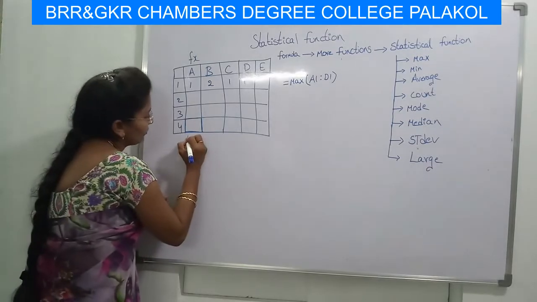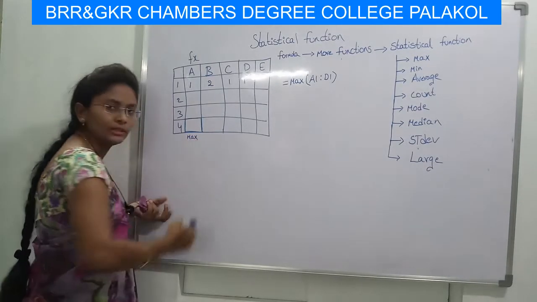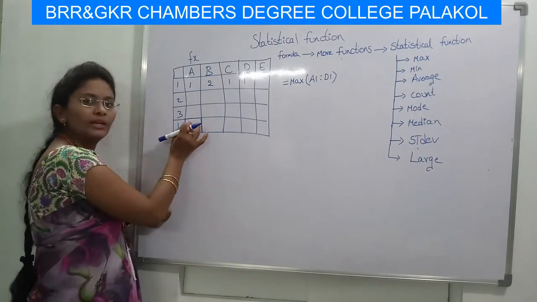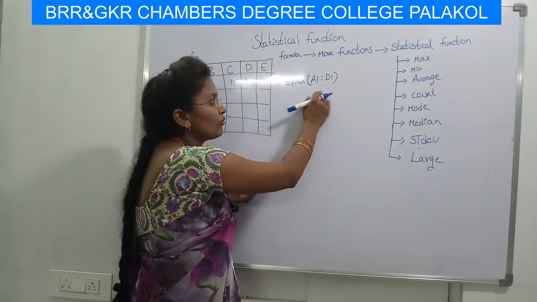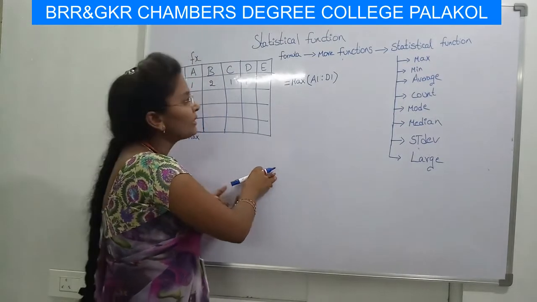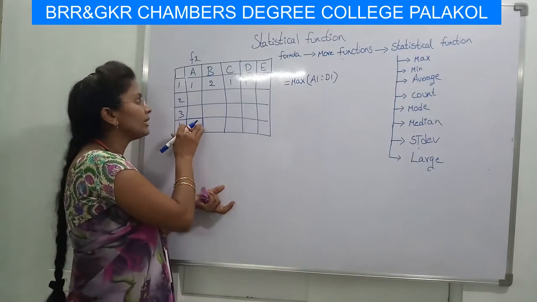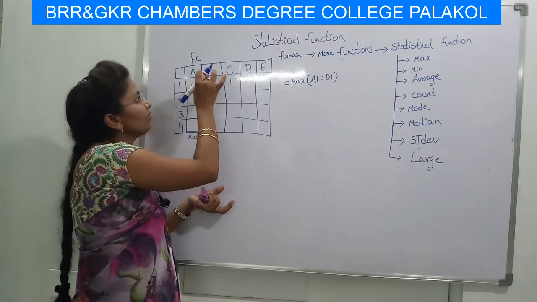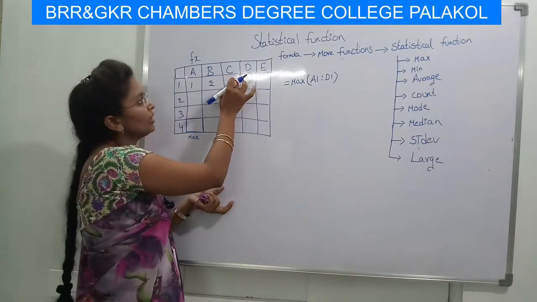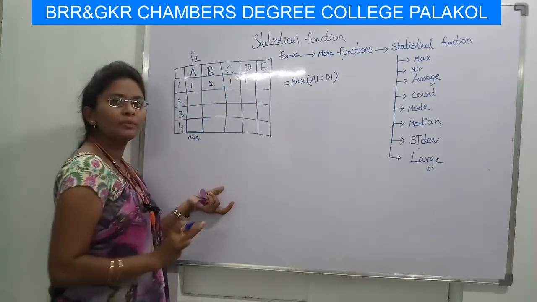This is for the maximum result. I am selecting this cell and writing the formula in the formula bar. After writing the formula, press the enter button. Then the result will be displayed in the A4 cell, and in A1 cell 1, in B1 2, 1, 1. Here the maximum number is 2.